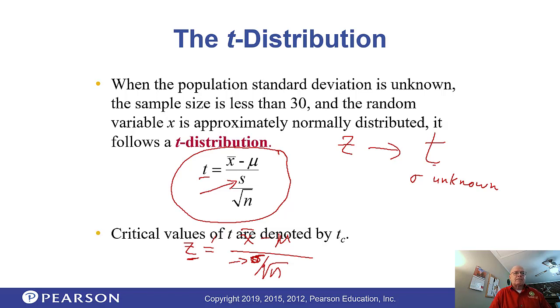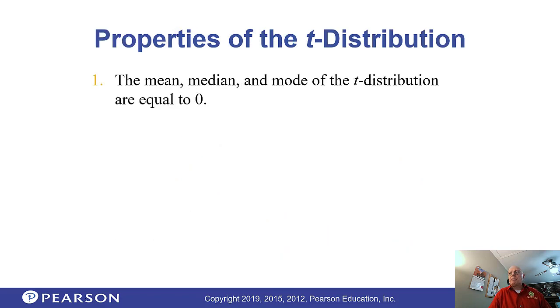Next, the critical values. Just like we had z sub c before when we knew the standard deviation, now we use t sub c. Very, very much the same. So here are the properties. This looks familiar.